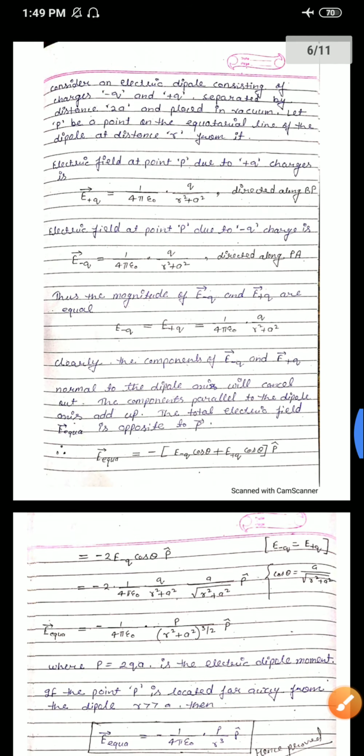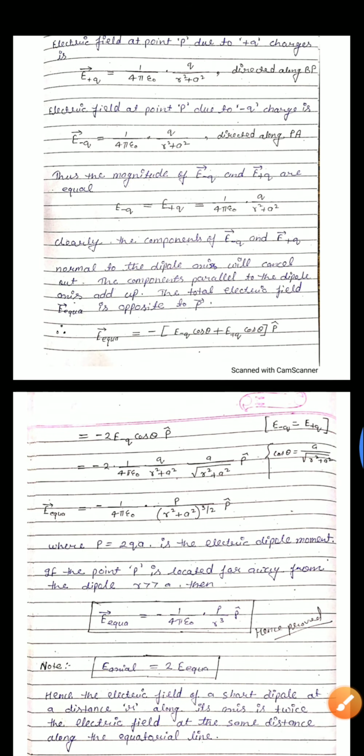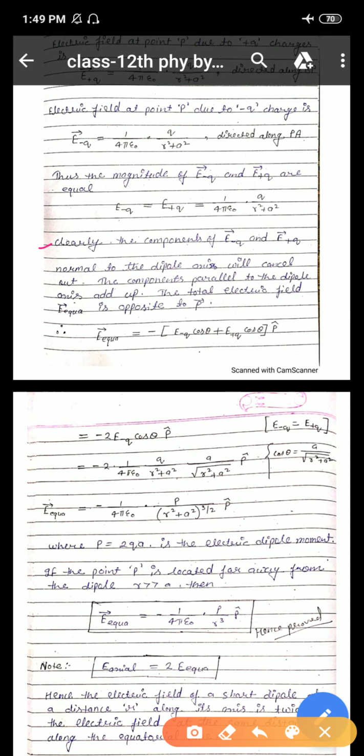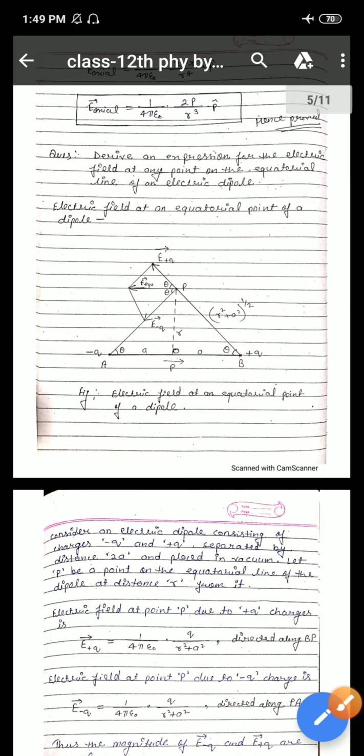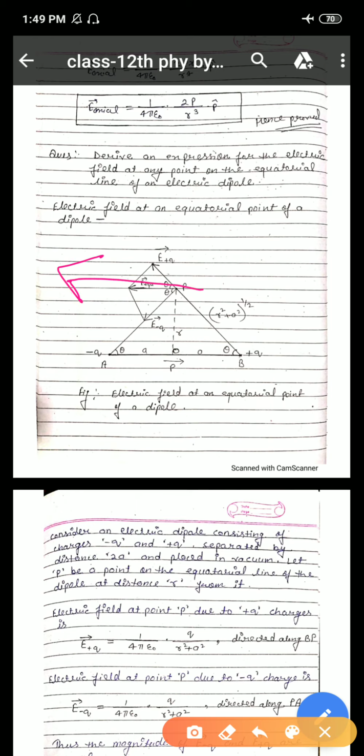So see here clearly, the component of E minus Q and plus Q normal to the dipole axis will cancel out. The components parallel to the dipole axis add up. The total electric field at the equatorial point is opposite to P. See, this one is the direction of electric field at an equatorial point of a dipole.